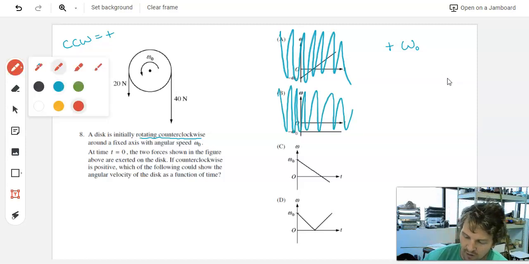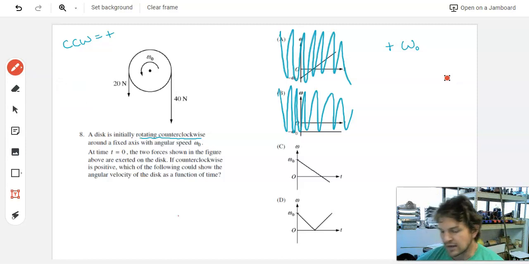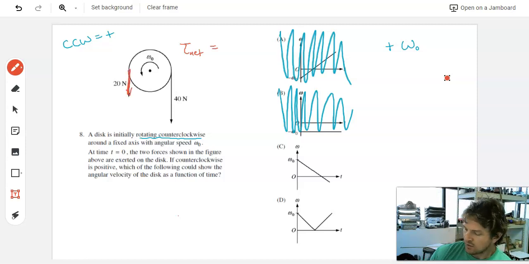And so I need to figure out what is the net torque on my object so that I can figure out, is this thing going to be speeding up or is it going to be slowing down, right? So I have 20 newtons pulling on this in the counterclockwise, so positive direction, and I have 40 newtons pulling on this in the clockwise direction, so negative.